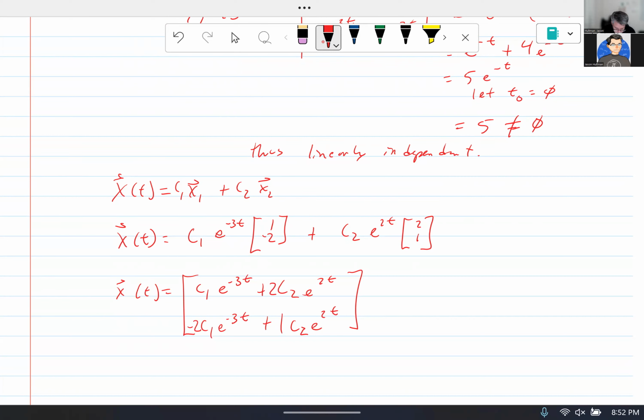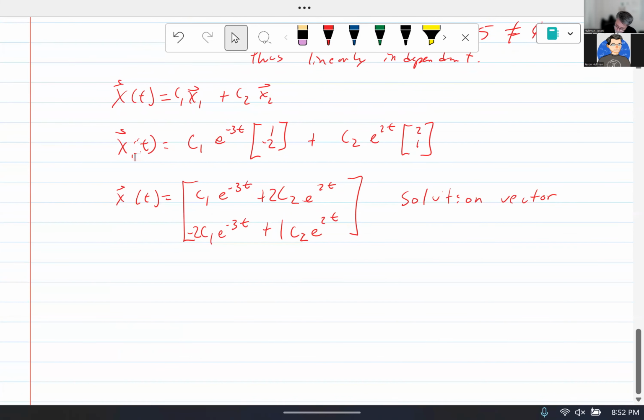This would be considered my solution vector, because it's a column 2 vector.